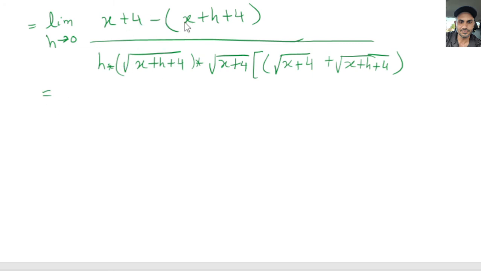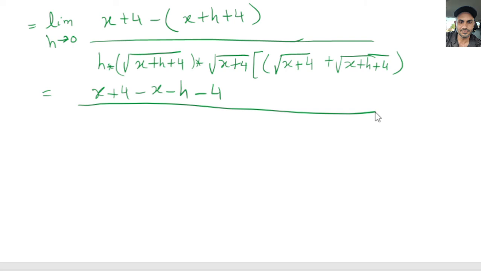So this negative is going to change everything inside, so it's going to become x plus 4 minus x minus h minus 4, and in the denominator we know as h goes to 0, let's do it a little later on. Okay, that part right here, so let's go ahead and write that down.